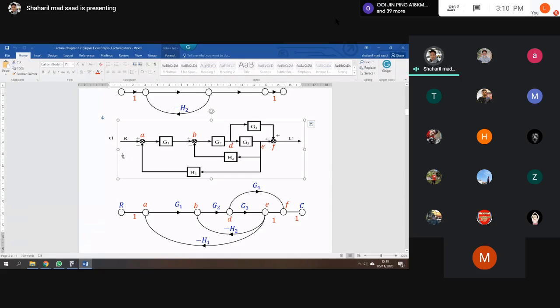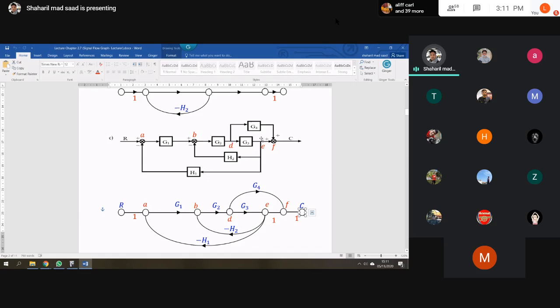First of all, you make the nodes for the input and the node for the output. Done. Then this one can become one node, which we put a symbol A, and this one also can become one node, summation B, and junction D, and E and F. Actually, you can also combine them.